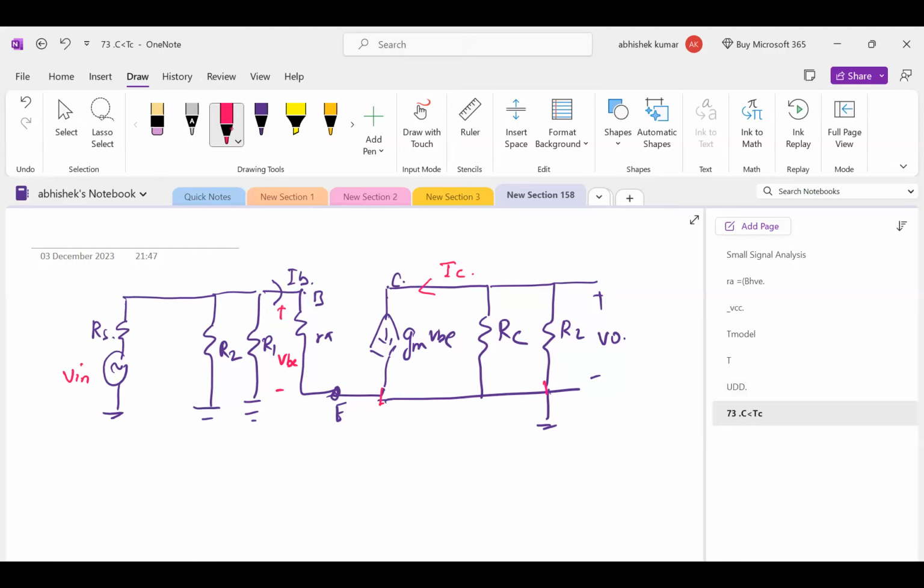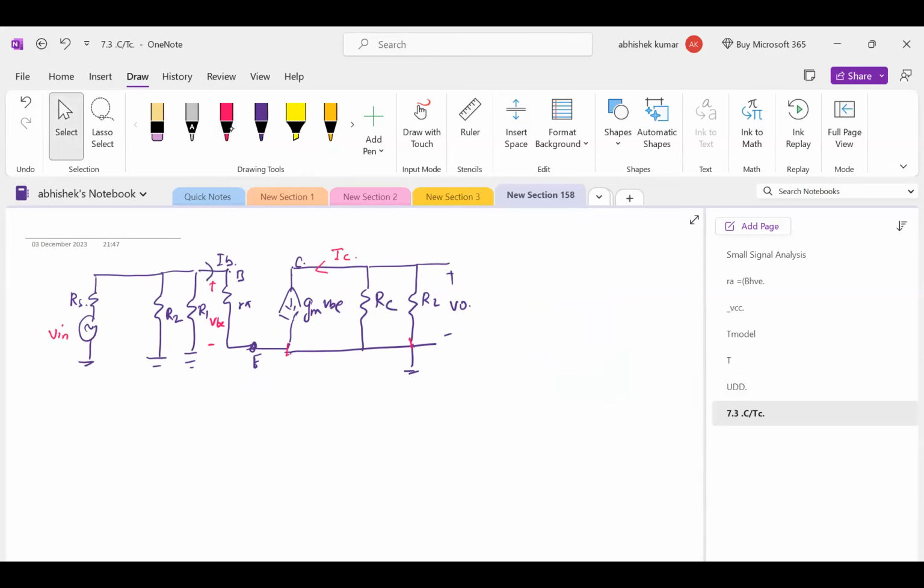Okay. Now we will start our analysis, right? Input resistance.